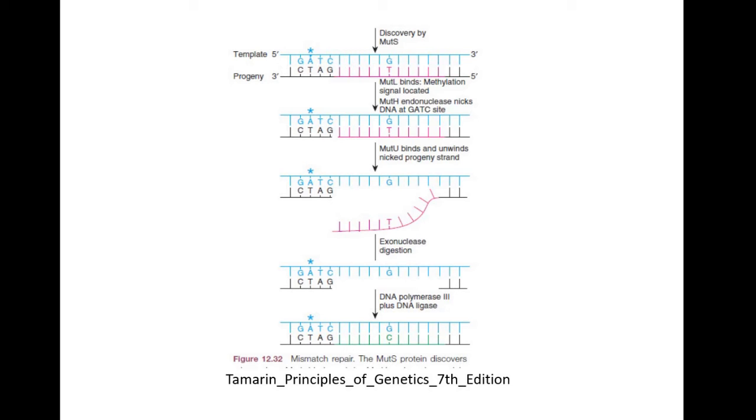Then MUT-U binds and unwinds the nicked progeny strand. Then the exonuclease digests the sequence. Then the polymerase and ligase add the nucleotides and the DNA ligase fills the gap within the nicks.